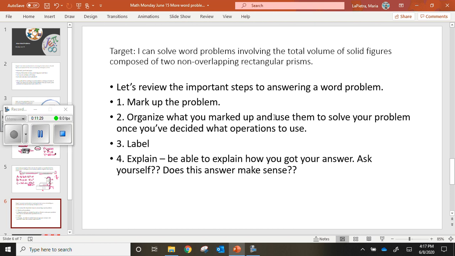So let's review. One, mark up the problem. Two, organize what you marked up and use it to solve your problem once you've decided what operations to use, or even the formula. Three, label everything. Four, explain. Be able to explain how you got your answer and ask yourself, does this answer make sense?